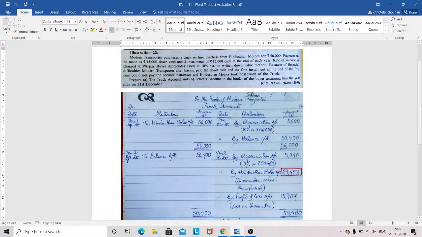Asset purchase entry is asset account debit to hire vendor account, so just reverse it: hire vendor account debit to asset account. That is done.